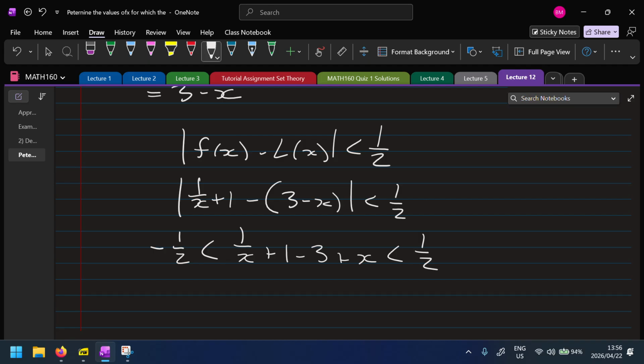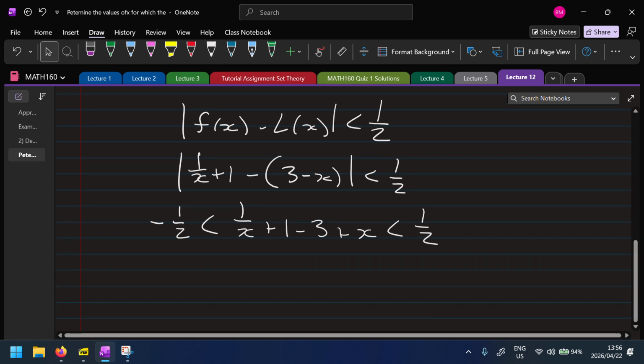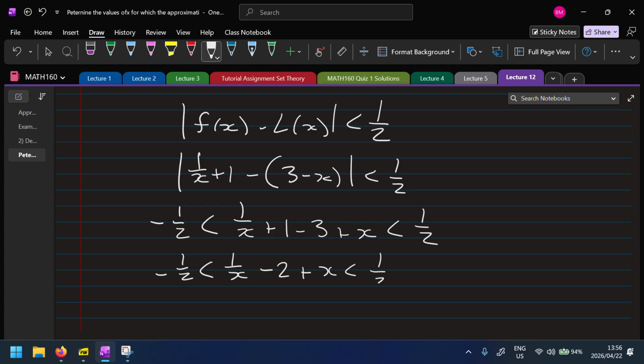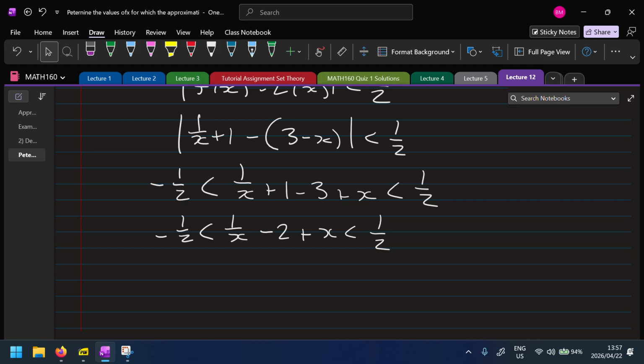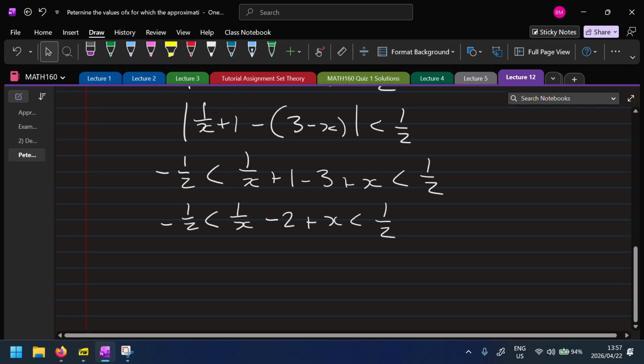Then we can simplify a little bit. Plus 1 minus 3, we got minus 2 there. This 1 over x is going to cause us some issues, so let's simplify a little bit more and then we'll figure out what to do with that. We've got a minus 2 in the middle. Let's add that on the left side and the right side.